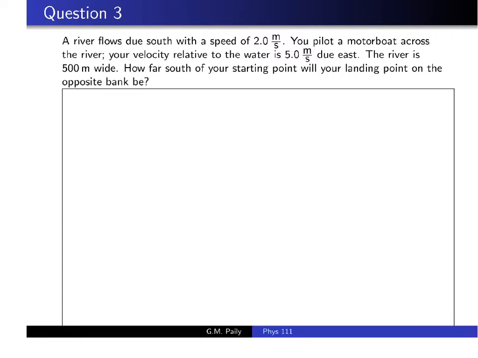Here we are asked, how far south of your starting point will your landing point on the opposite bank be? We are moving south because we are moving with the river. Once again, to find the distance moved, we use d equals vt since there is no acceleration.